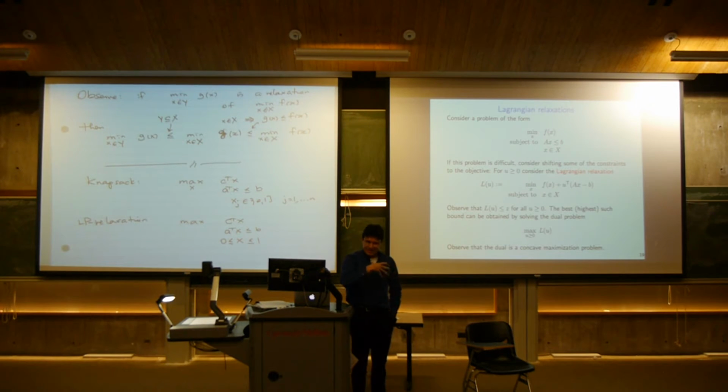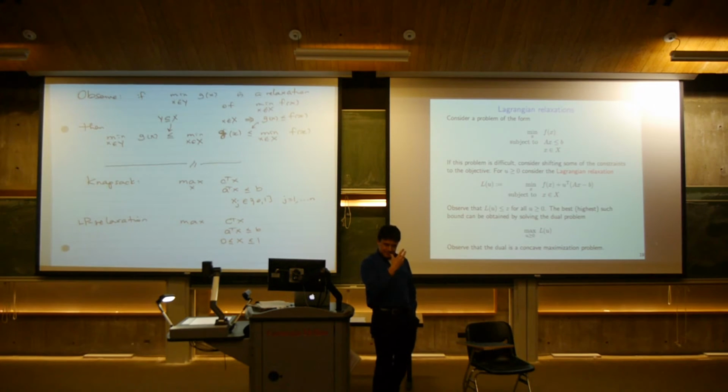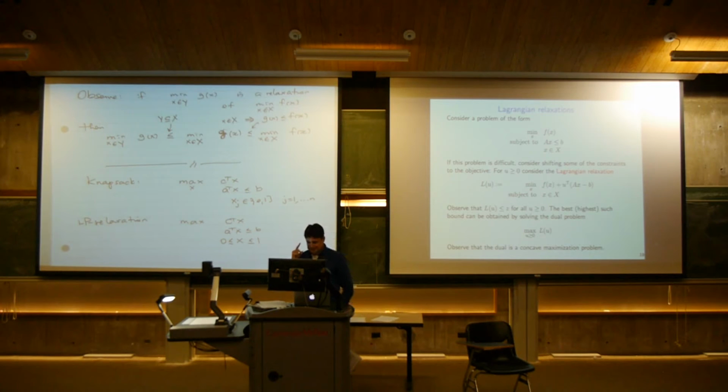Lagrangian relaxation is a way of getting relaxations for difficult integer programming problems that are far more informative in many cases than the convex relaxation.